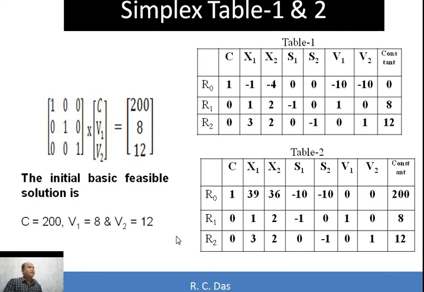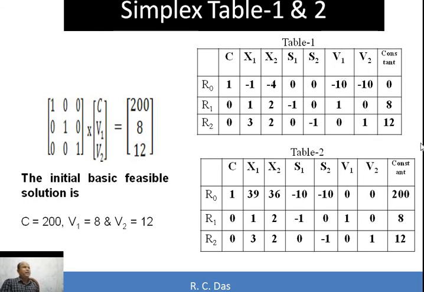Well, now here we have got the initial basic feasible solution, which cannot be found in table number 1, and this is the reason why we have added the two artificial variables in the minimization problem.